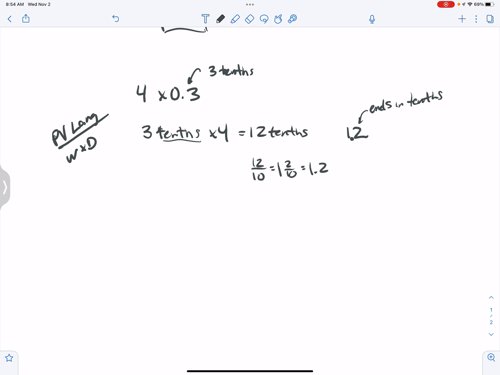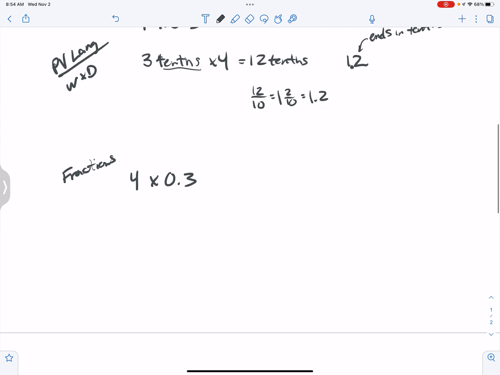Next, we're going to move into how we can use fractions to multiply. So if we have 4 times 0.3, I'm going to convert my decimal because that's the piece that gets tricky in here. The whole number is less of an issue. I know 0.3 as a decimal is the same as 3/10 as a fraction.